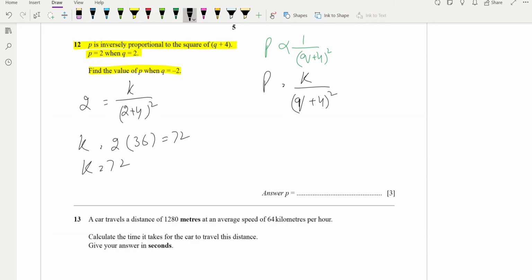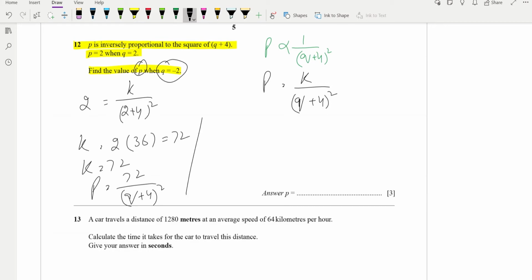So our equation will become p = 72/(q + 4)². This will be our equation. Now we can find the value of p when q is equal to minus 2.